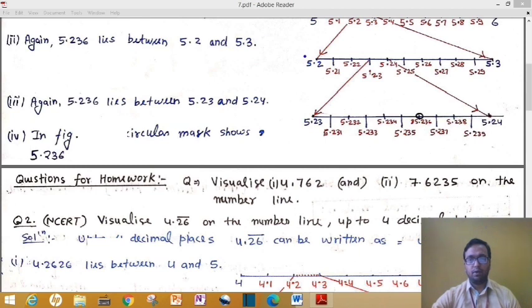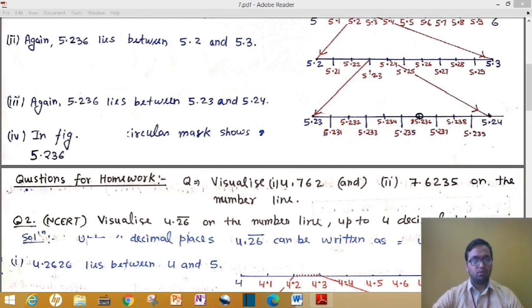Between 5.23 and 5.24 we can make 10 divisions, like you can see on your screen. The first division will be 5.231, then 5.232, then 5.233, 5.234, like that, and here is our answer, that is 5.236. Okay, in this way we can show our number on the number line.